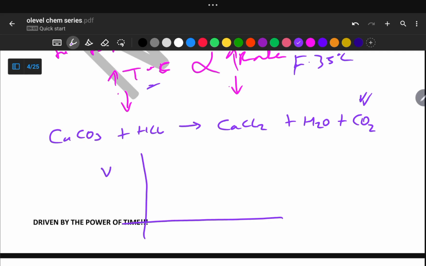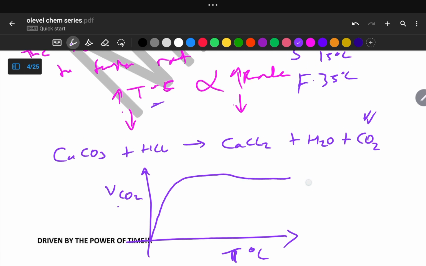Here is the volume of carbon dioxide produced, and this one is the temperature. And for the vertical axis, we say it is volume of carbon dioxide. You can see that the graph is going to be steep for the faster reaction, I mean, at 35 degrees Celsius.